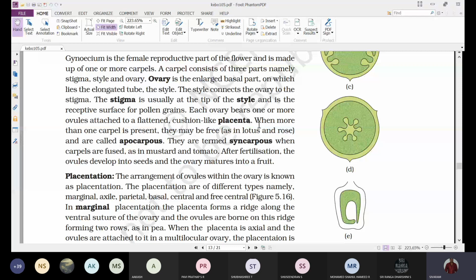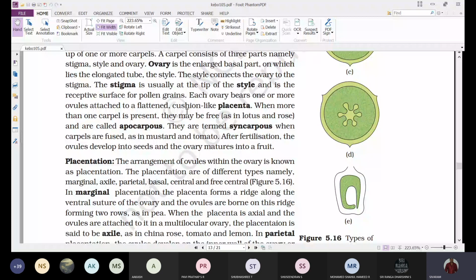When you observe the inner part of the ovary, it is thrown into a large number of folds, which look like a cushion. These structures, we call the placenta.